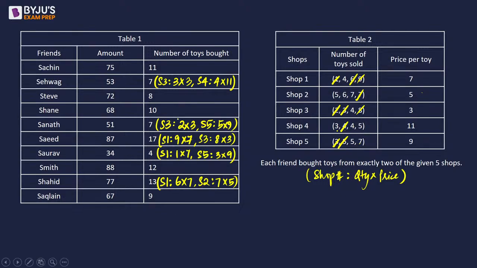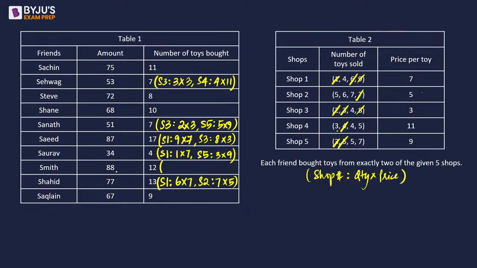Okay, let's go to the next higher or the smaller number. So let's go to, let's say, 12. Next highest number. How can I make a 12 from here? I can make 12 using 7 5, 7 5. So we can have 2 possibilities, right? Shop 2 7, shop 4 5 and shop, acha nahi, 3 cases, shop 5 7 and shop 4 5 or the other combination.